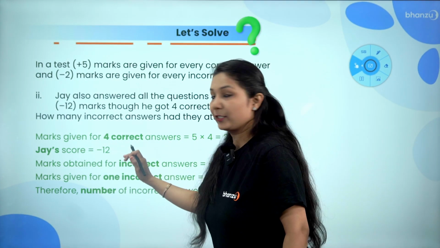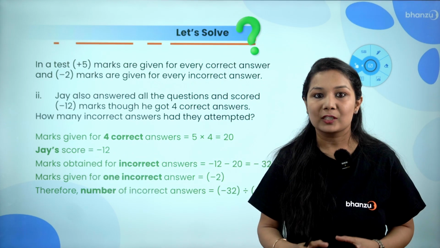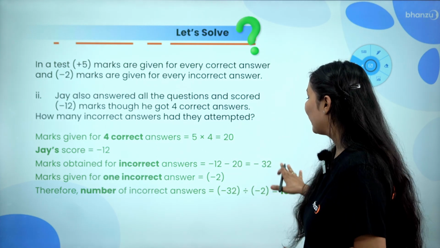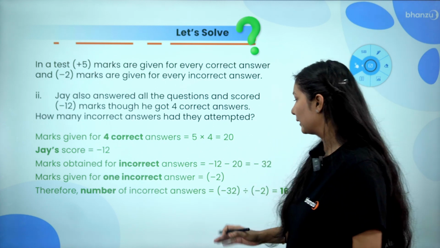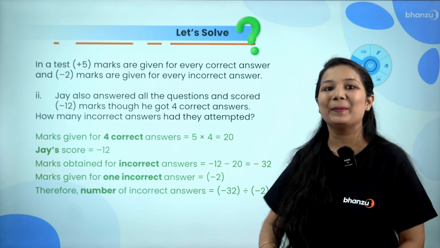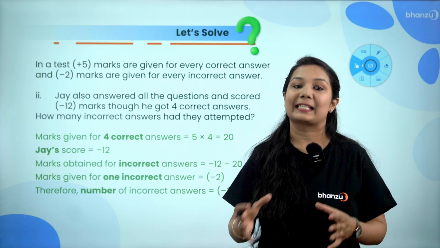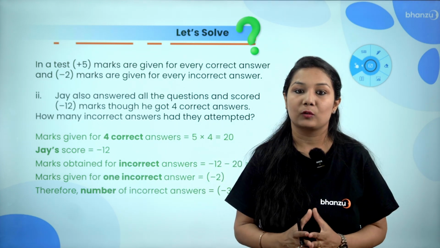His score is minus 12, right? So marks obtained for incorrect answers is minus 12 minus 20. So what's the score till now? It's minus 32. So marks given for one incorrect answer is minus 2. Therefore number of incorrect answers would be minus 32 divided by minus 2, which is plus 16. So that means he gave 16 incorrect answers.